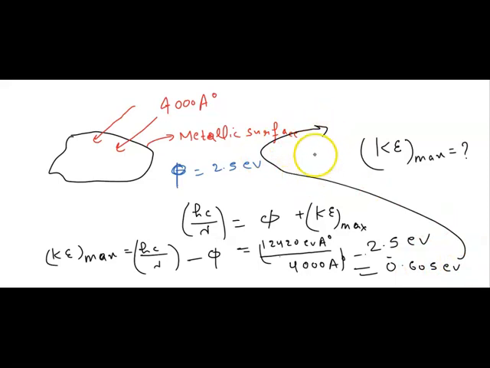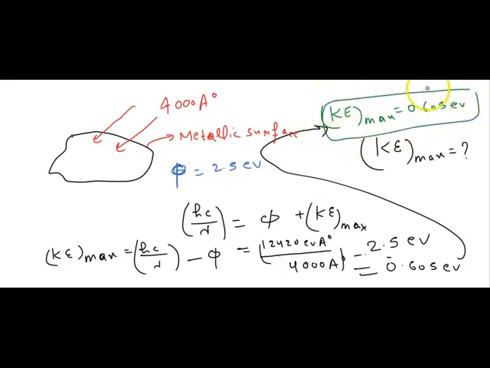So how much will be the maximum kinetic energy? 0.605 electron volt. K max is 0.605 electron volt.